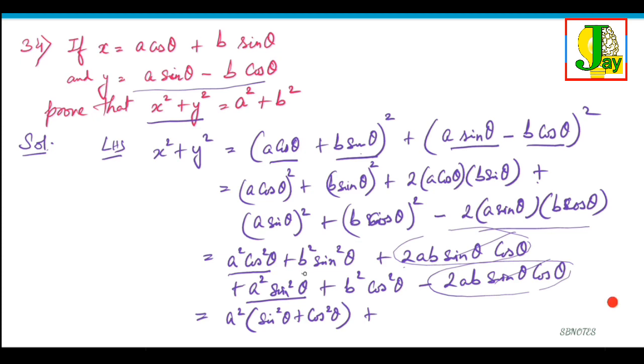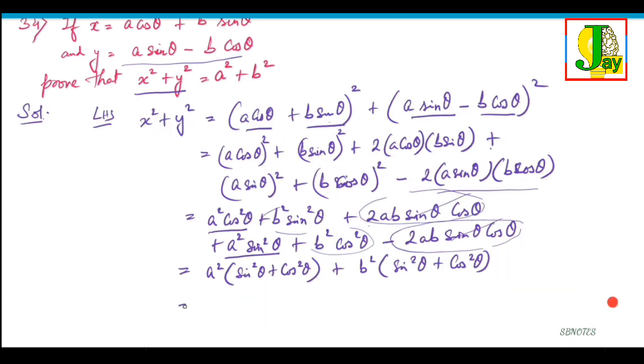In the second two terms, I can take b square common and I get sin square theta plus cos square theta. So that's a square into 1 plus b square into 1. That's a square plus b square, and we've got our right hand side. So that's proved.